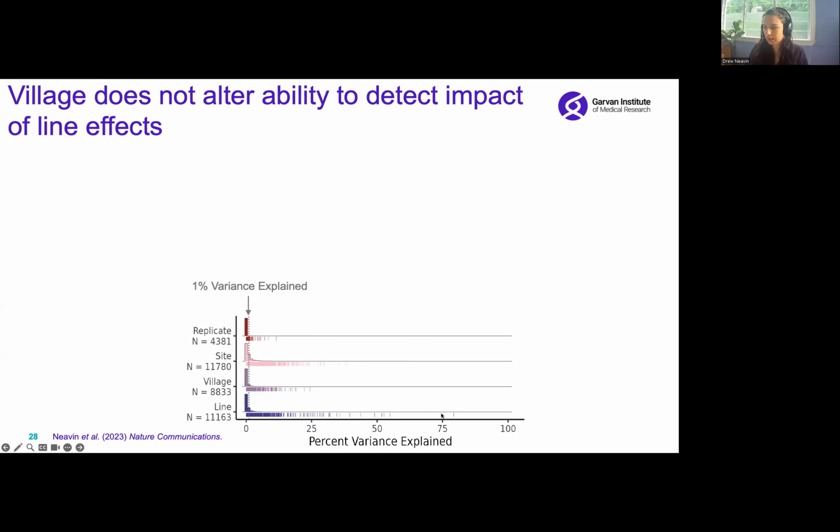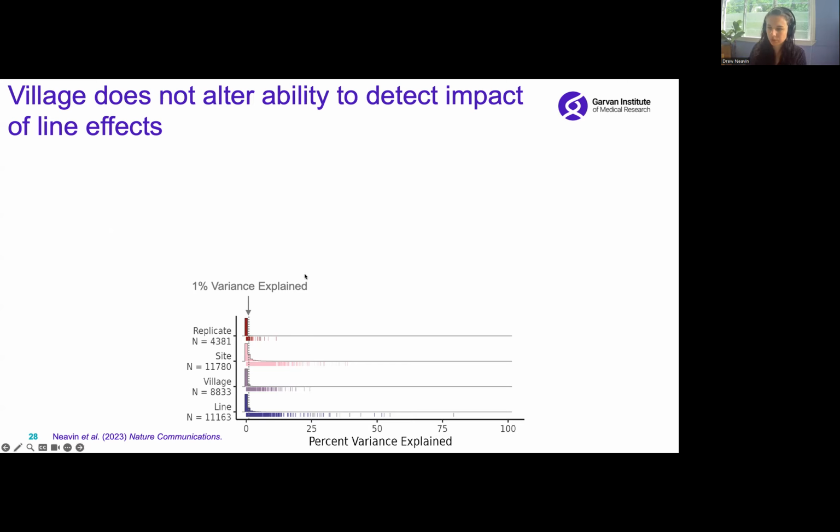So you can see that the lines explain up to about 80% of the variance of some genes, with other genes in between and lower than that. The village explains a much smaller proportion of that variance, with the site showing somewhere in between the village and the line effect variation for a number of genes. And then replicate has a very small impact on the variance that's explained, which I think we would expect.